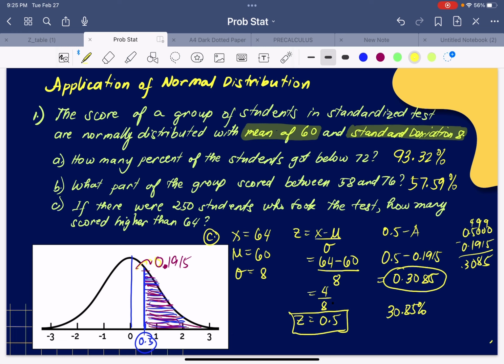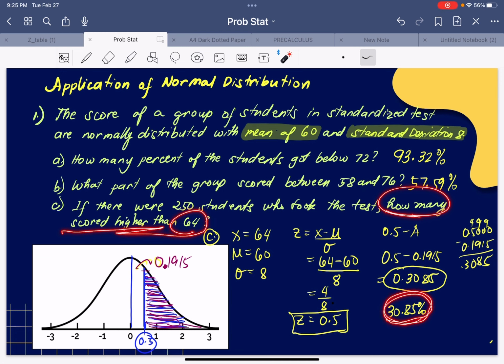But that is not the answer to the question, because the question here is how many scored higher than 64? Since 30.85% got higher than 64, how many students correspond to 30.85%?